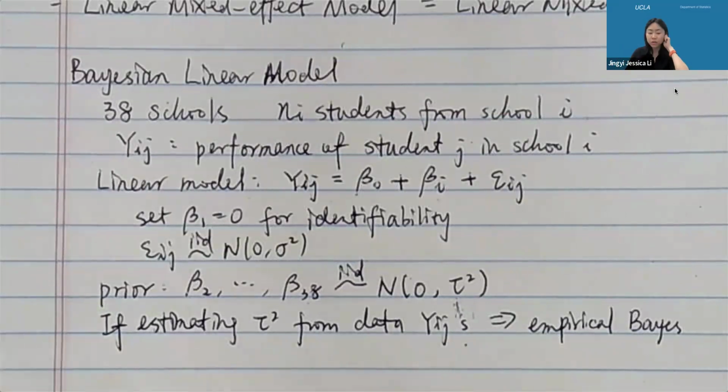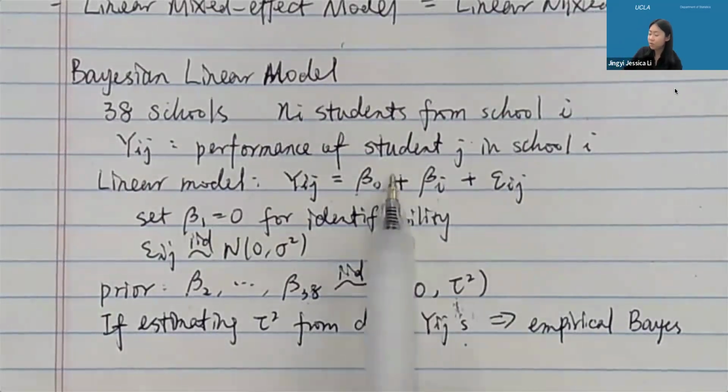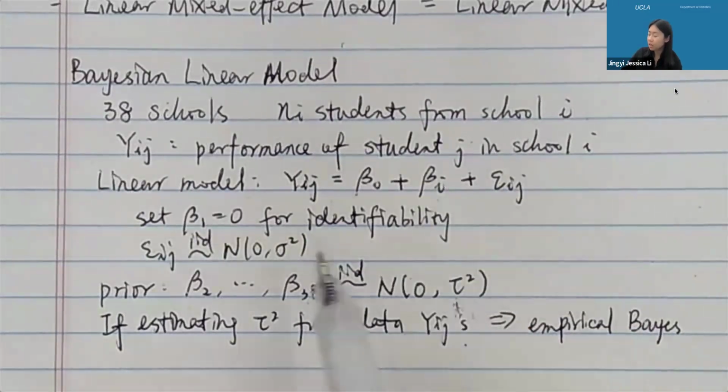Okay, so what do we do? To estimate the hyperparameters, including tau square, we need a likelihood. So here, what we aim to write down are the parameters we need to estimate. The parameters include beta 0, tau square, sigma square.